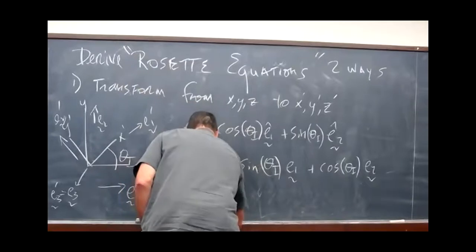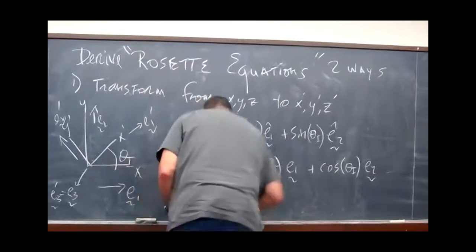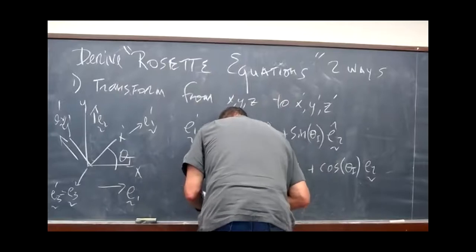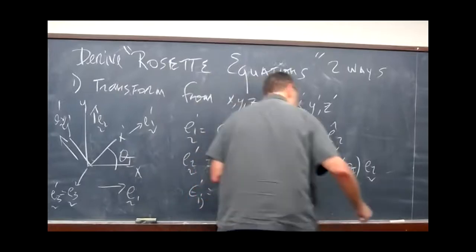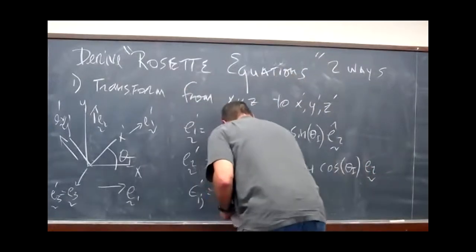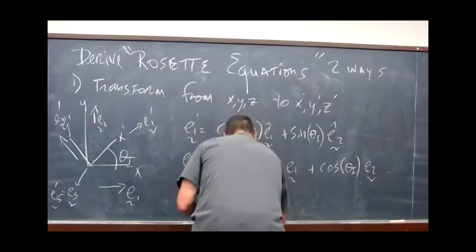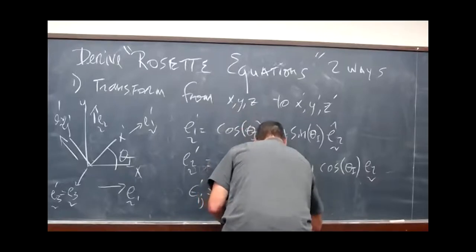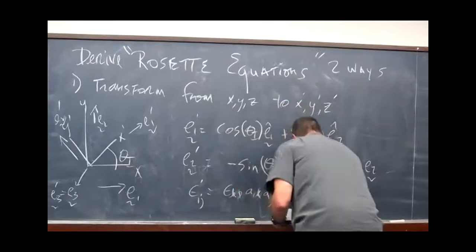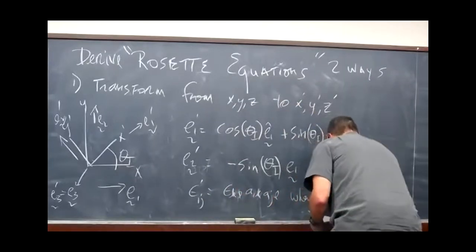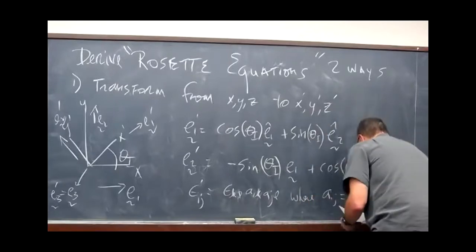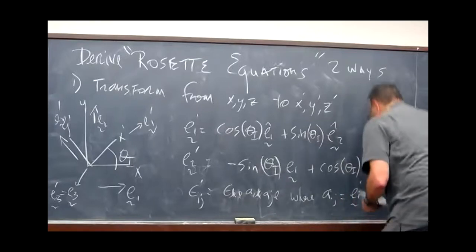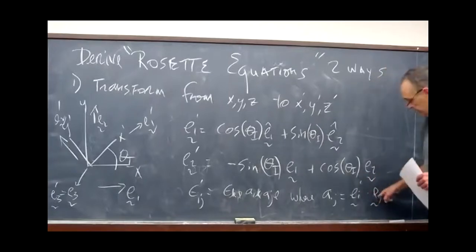We write this in official notation: epsilon prime ij is equal to epsilon kl, a ik, a jl, where A is just the dot product between new and old. So the I is with the new, the J is with the old.